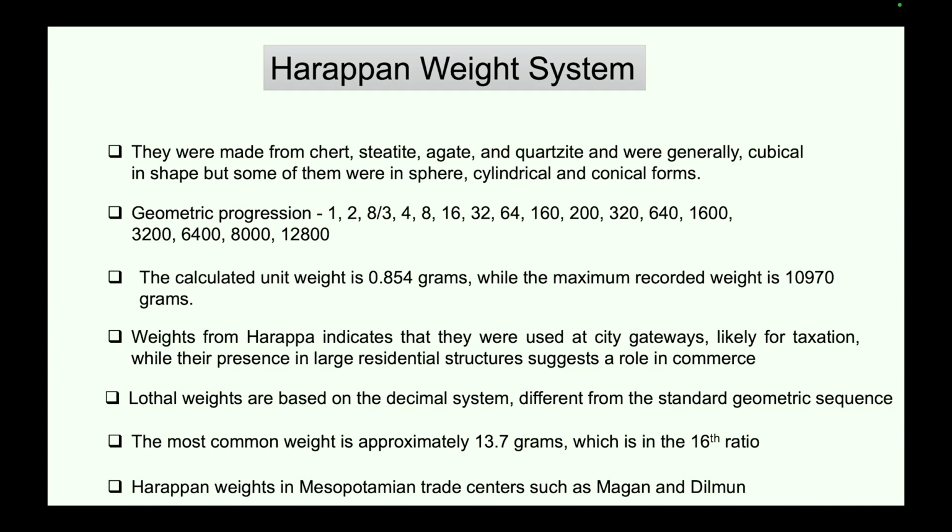Harappan weights are found in Mesopotamian trade centers such as Magan and Dilmun. So, at Lothal, Magan, Dilmun, Harappa and Mohenjo-daro, there are findings of different weights. Possibly, they practiced it on the basis of their requirement and demand.